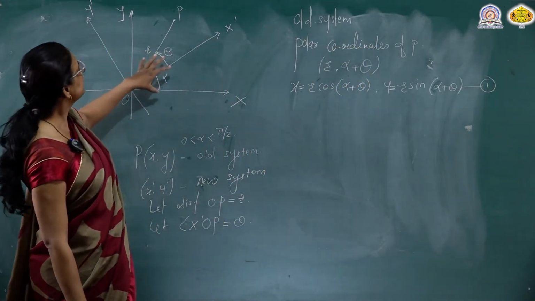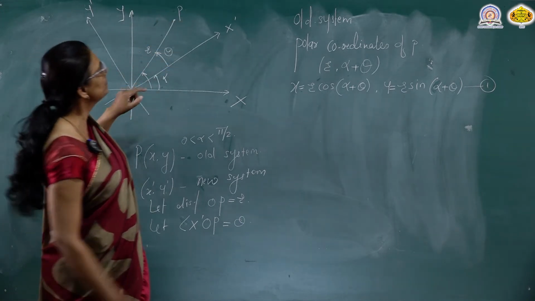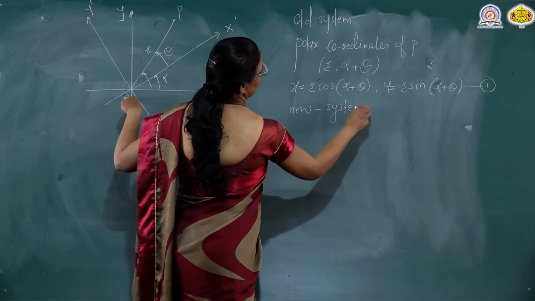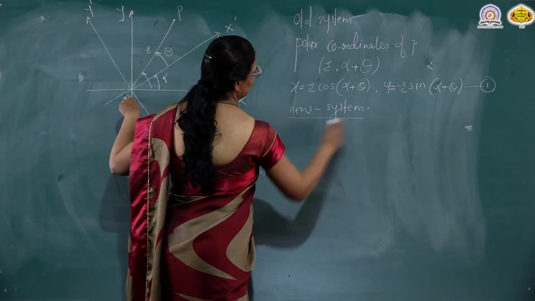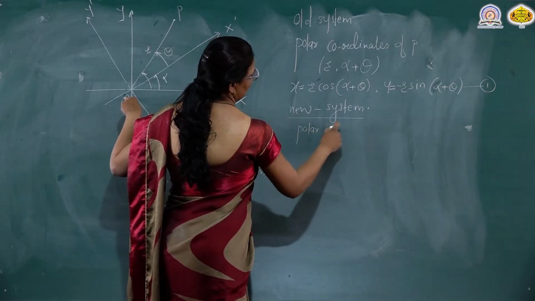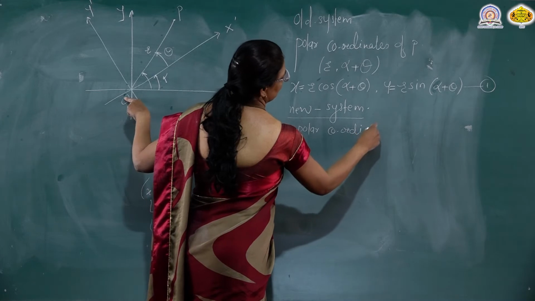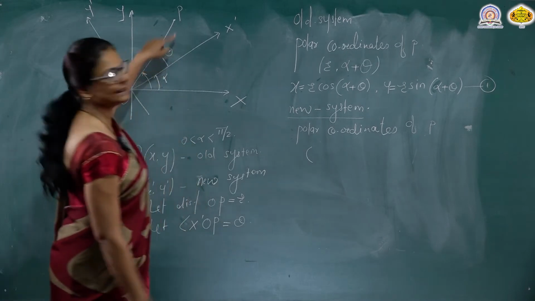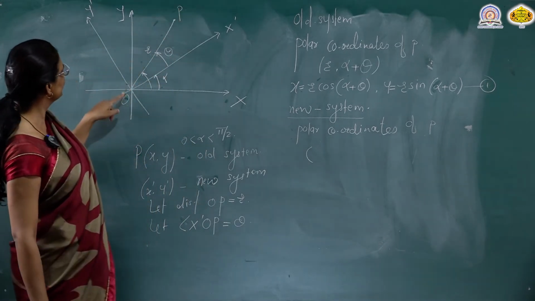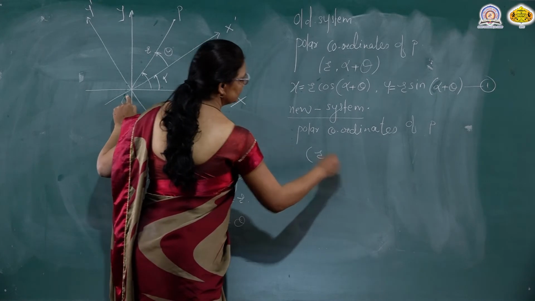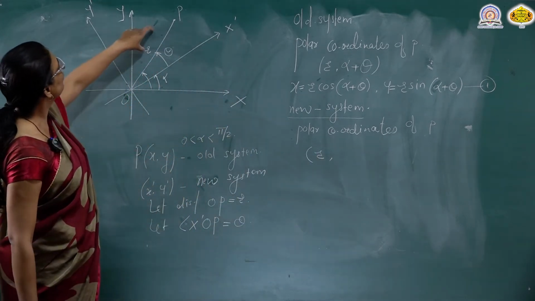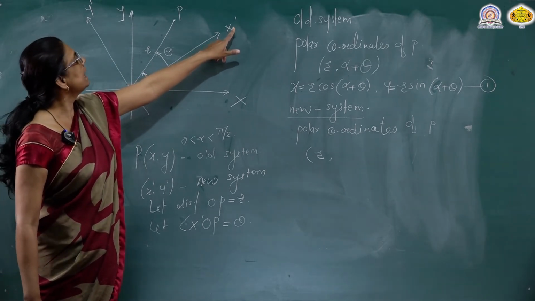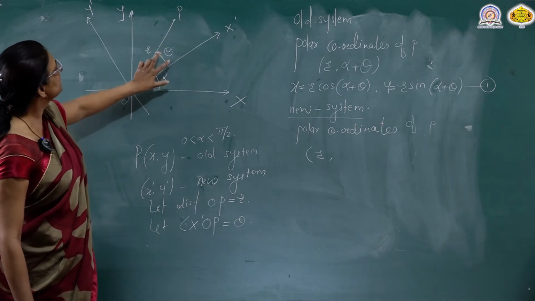Then write the polar coordinates of the same point with respect to the new system. The first polar coordinate is again the distance of that point from the origin, which is r, and the next is the angle between OP and the positive direction of the new axis, that is, the x dash axis, that is, the angle x dash OP, which equals theta.